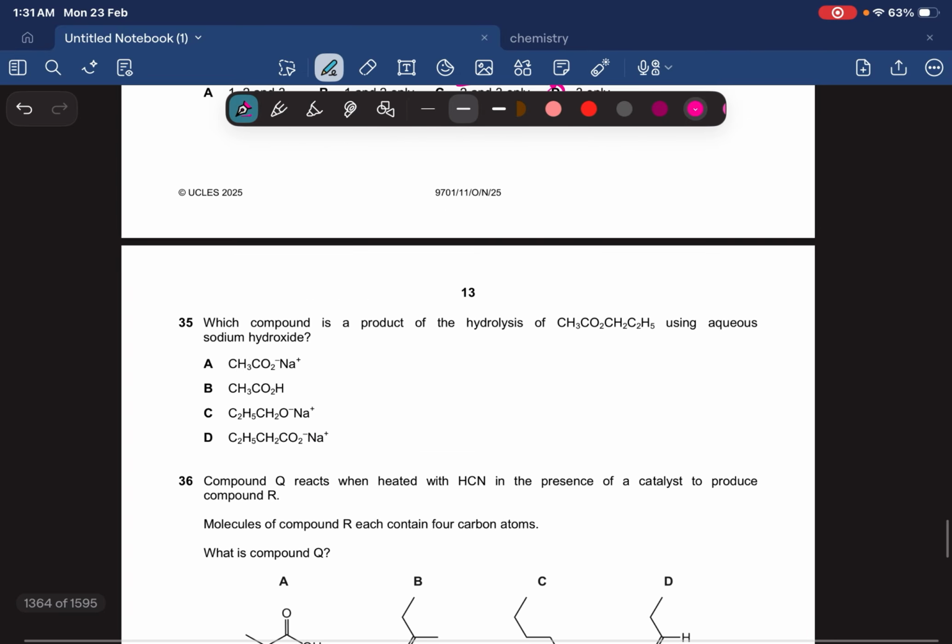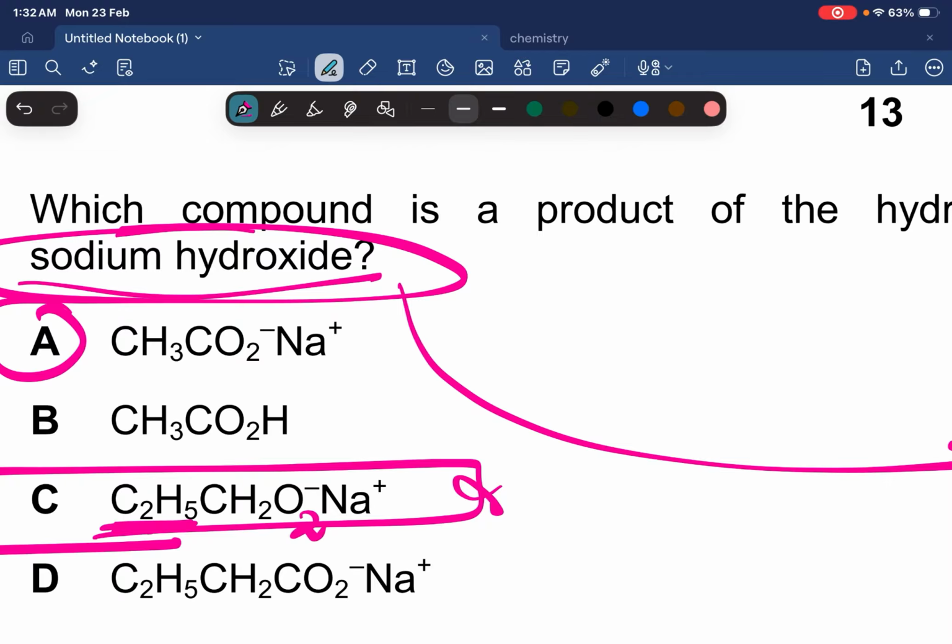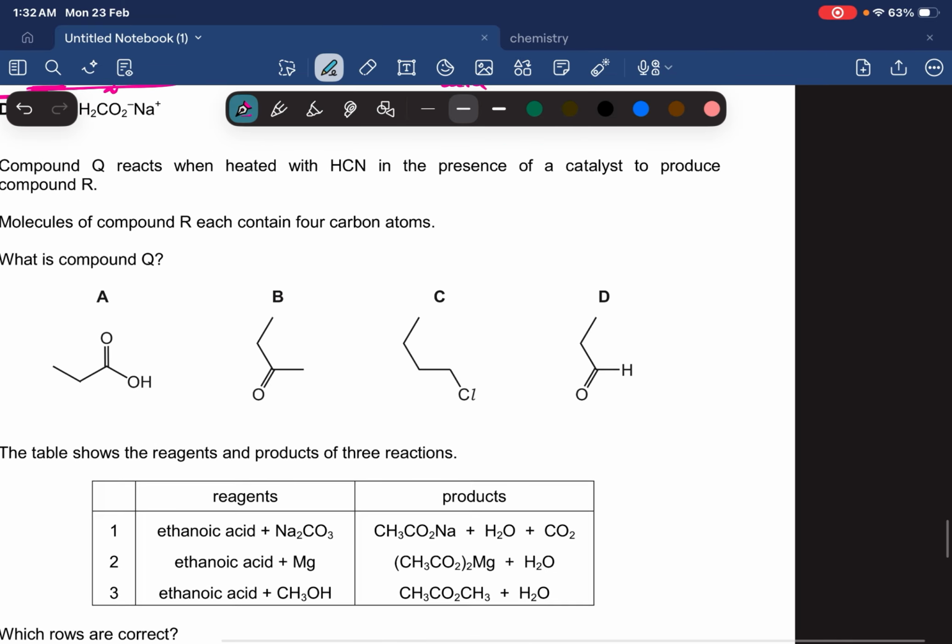We have ethanoic acid, so we're going to form sodium ethanoate. This ethanoic acid is going to react with sodium hydroxide, so we're going to form sodium ethanoate. That's wrong, something's wrong here. There should be 2 oxygens over here or something else. C2H5, then 3 carbons. No, we need ethanoic acid. So that's how we deal with it.